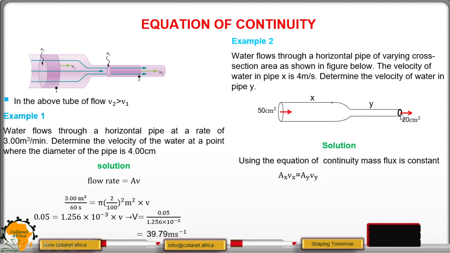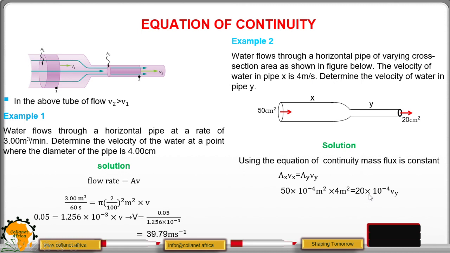So this is now the cross-section area on this side X, and it is also important to know that you are supposed to convert the square centimeters into square meters, and you are supposed to multiply with this value here. And if it is possible, you can also divide this 50 by 10,000. Then you multiply by the velocity, and the velocity is given, which is 4 meters per second.